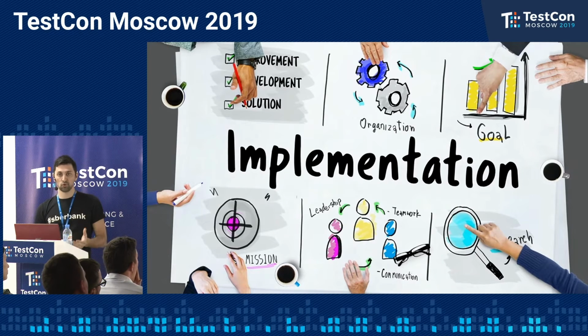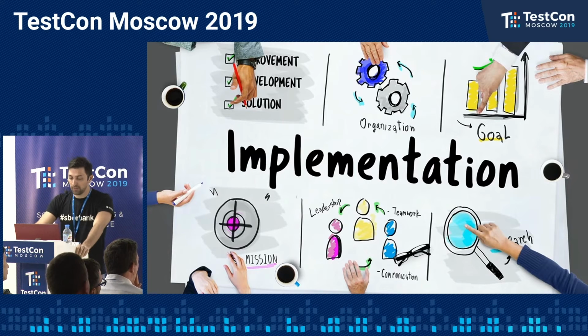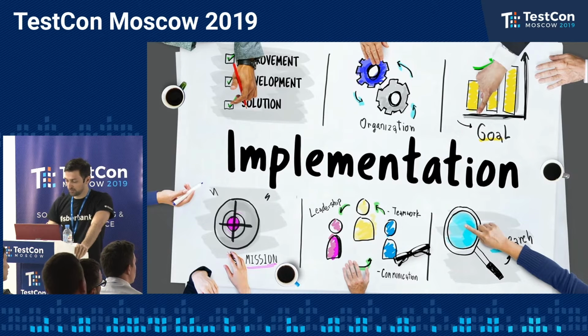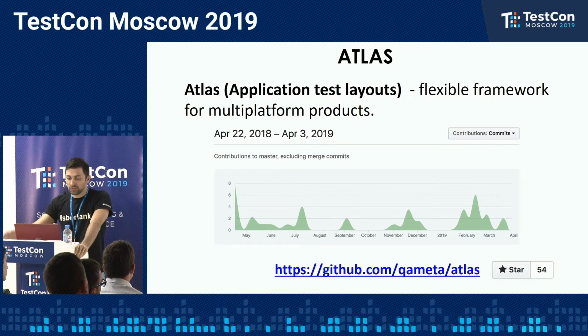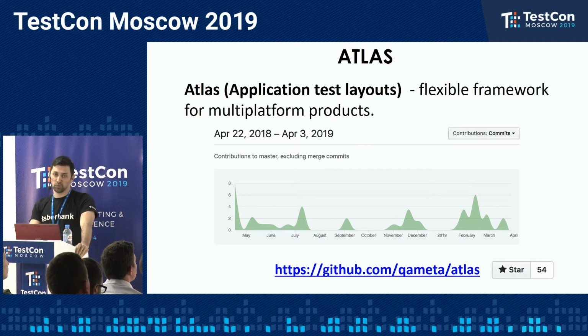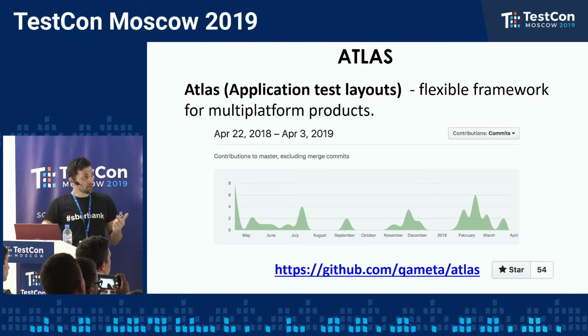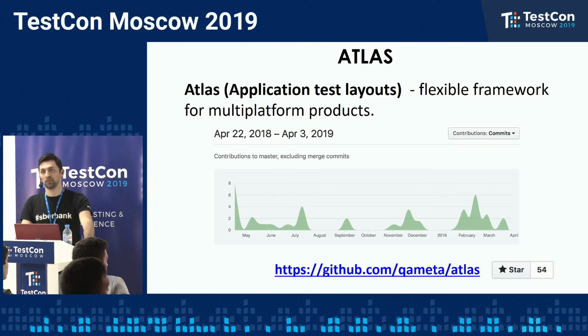Where can you find such an implementation, to understand if it's real or not? Like, the guy in black from Sberbank is telling us some nonsense. So it's actually implemented in Atlas, something that followed the HTML Elements with a new approach.